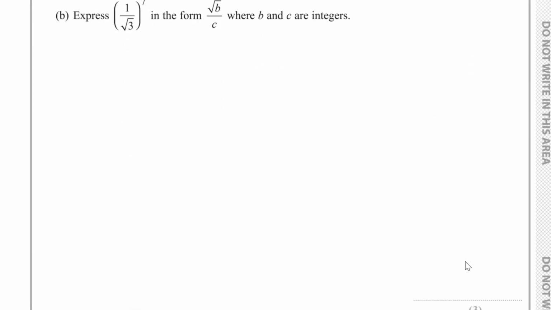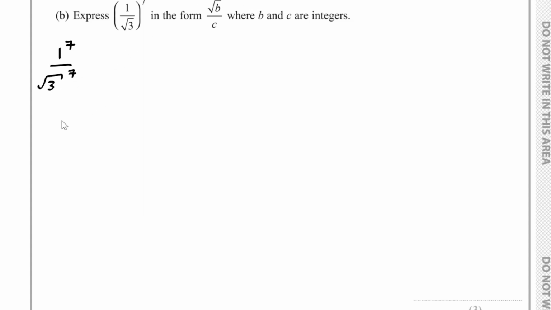Now for part B of the question, we have to express 1 over root 3, all to the power of 7, in the form root b over c, where b and c are integers. So this is the same as 1 to the power of 7 divided by root 3 to the power of 7.